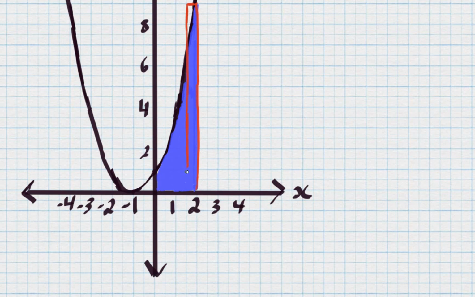So our first rectangle on the right has an x value of 2, and then we'll use that to find its height. But let's draw in our 3 other rectangles. So going up at 1.5, hitting the curve, going across and then down. So we're halfway there. Our third rectangle, and our final rectangle.